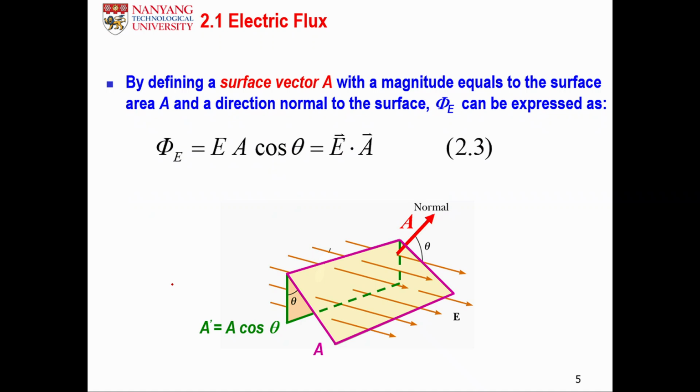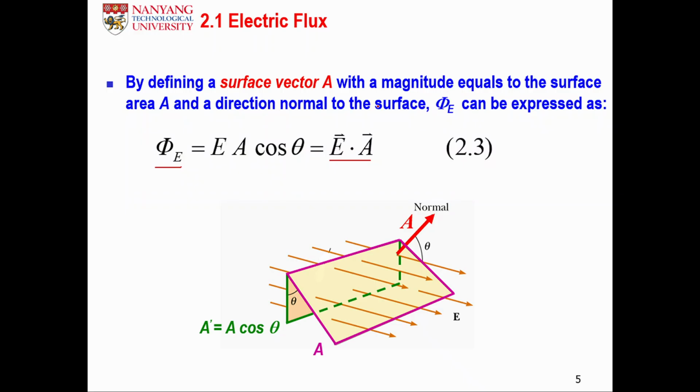So in a more general way, this is how we define the electrical flux for any surface. For any surface, the electrical flux equals the dot product of vector E and vector A, the dot product of these two vectors.